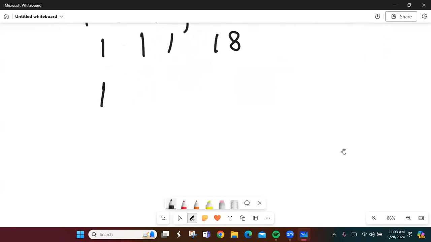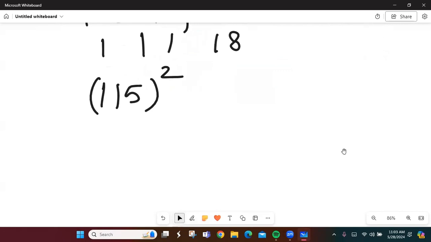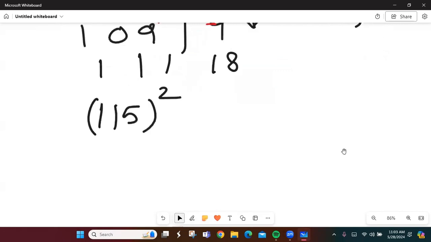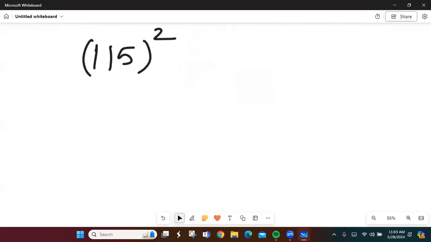Now go to the next problem here. Suppose I want to find out the square of 115 using this particular method. Now again, I will take the base 100. So 115, 115, one below other.